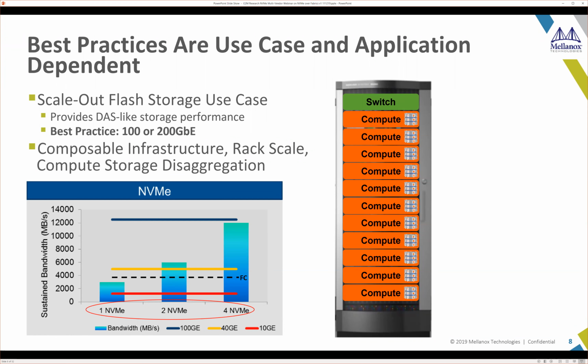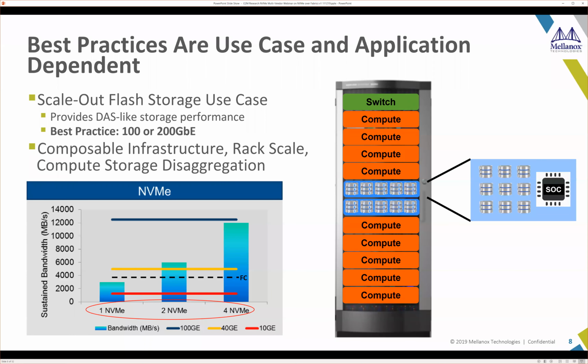Another use case not mentioned by Mike is compute storage disaggregation. It has other names as well, but what happens here is you remove the storage from the compute to get efficiency. This is something the cloud vendors are looking at or implementing now quite a bit. And because you've converted from DAS to network storage, NVMe over Fabrics is perfect as long as you can maintain that performance.